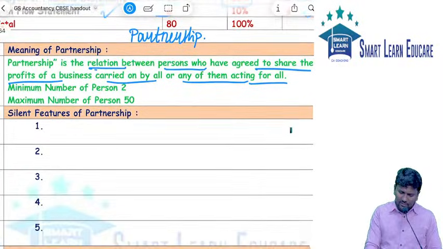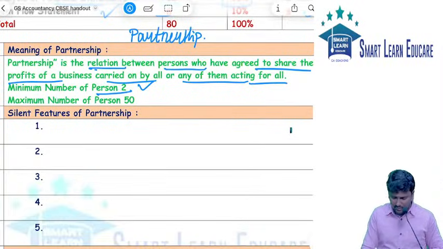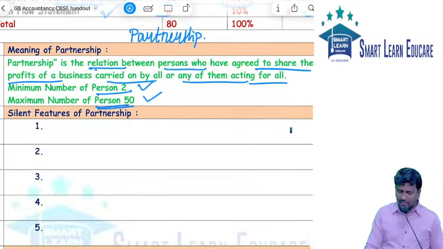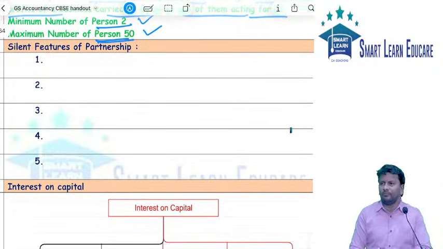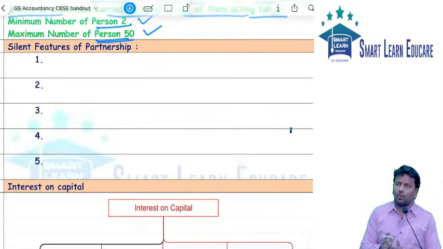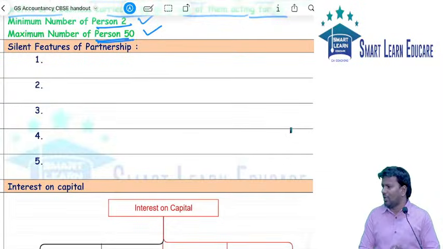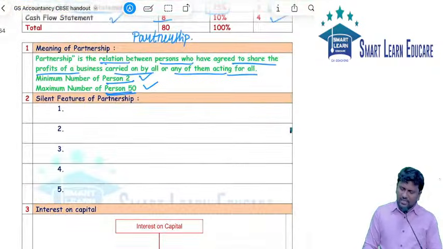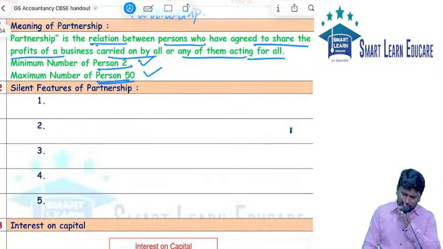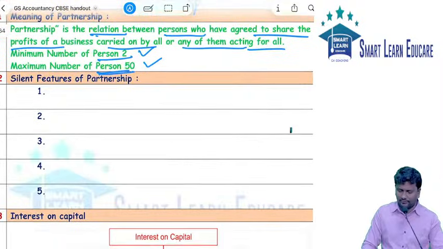In a partnership business, the minimum number of persons is 2, and the maximum is 50. So what is partnership? Partnership is a relationship between two or more persons who agreed to share the profits of the business. Business is carried on by all or any one of them acting for all.